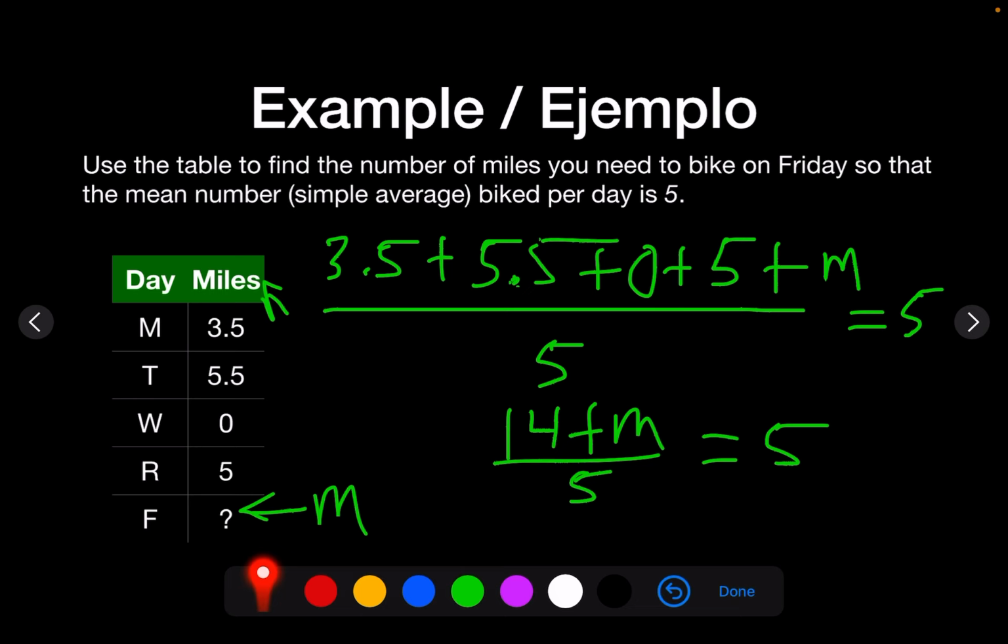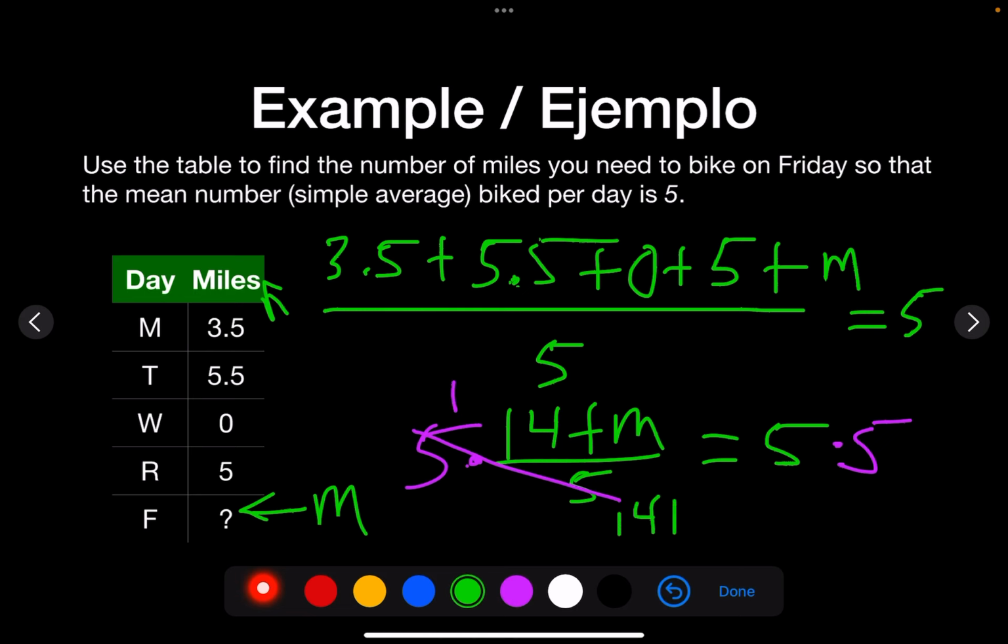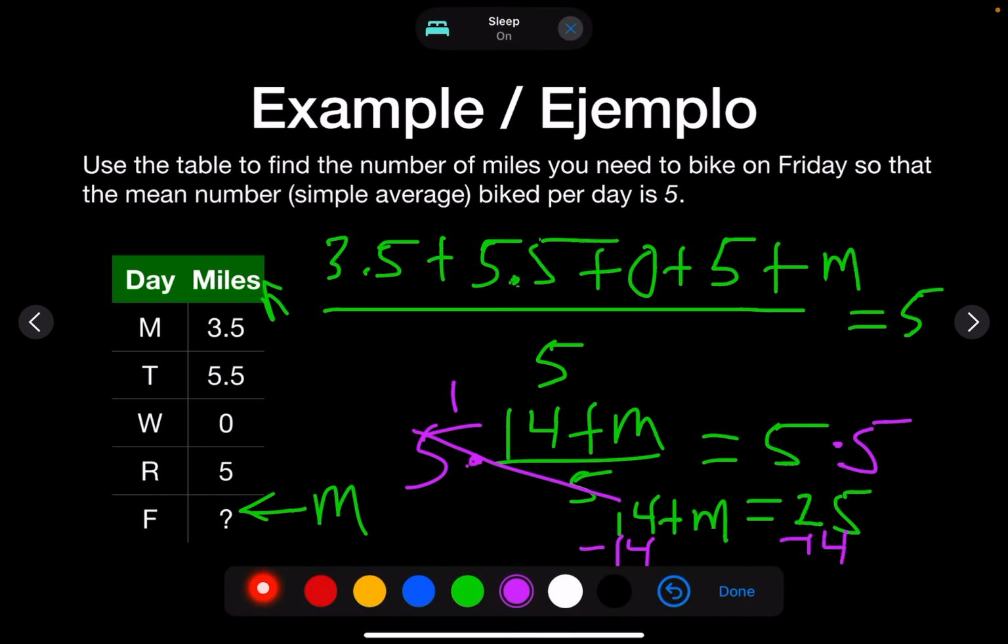So let's get that 5 to the other side using its inverse operation of multiplication. That's a multiplication dot, and what you do to one side you do to the other. And so now these will divide out to 1, leaving us on the left hand side with 14 plus m, and on the right hand side the product of 5 and 5, which is 25. Now we subtract 14 from both sides because we're going to combine like terms with those numbers, and then we have that m is equal to the difference of 25 and 14, which is 11.